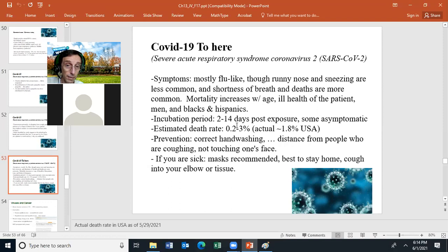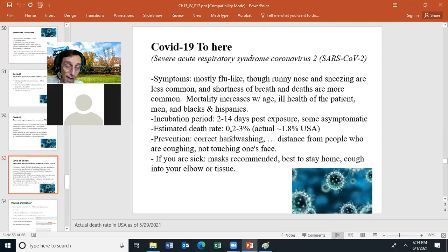The incubation period: a person gets infected, and then that virus will incubate in them for 2 to 14 days post-exposure. Some patients remain asymptomatic, and that's a high number. It's estimated that at least a third of patients are asymptomatic. Among young people, 50% of the patients are asymptomatic.